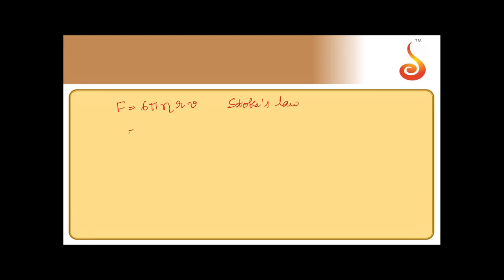So now substitute and simplify. 6 into 22 by 7 into eta is 2 into 10 power minus 4 into 0.35 into 10 power minus 3 into 1. So now simplify this.